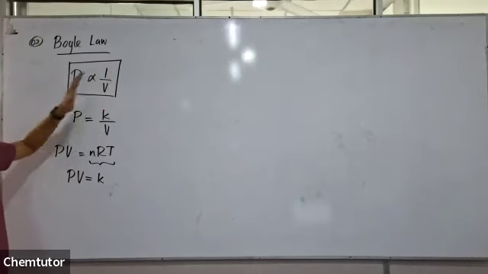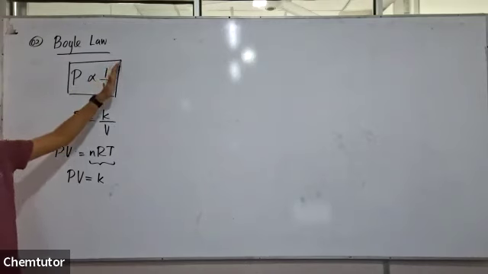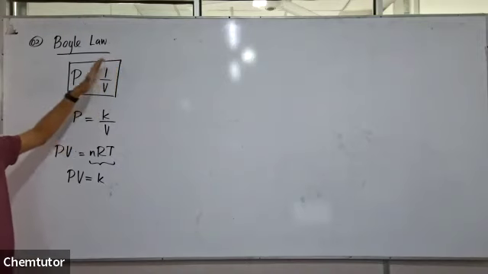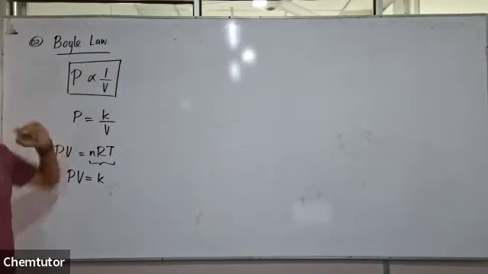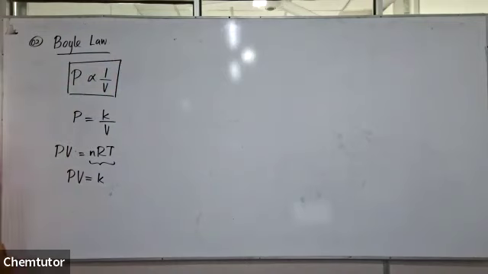That means once we multiply this part by the constant, then it will be equal to this part. So that's the maths. Once we apply the constant, pressure equals constant divided by volume.